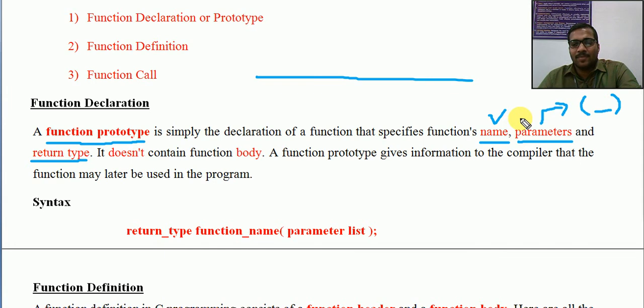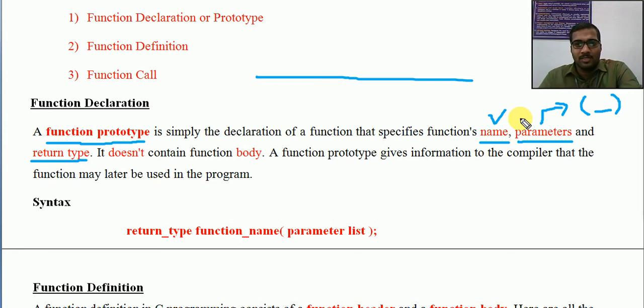Similarly, I use the name for calling that function, to do that function. If I have some additional information, that is also passed. Then after the completion of the function, if something is to be given back, we should specify the type of that return.